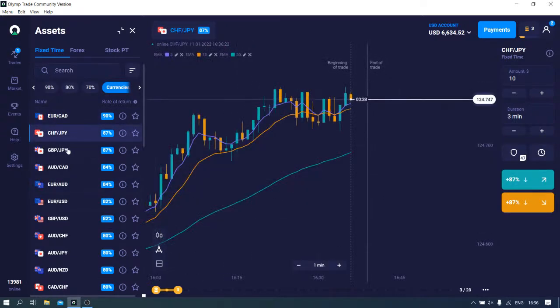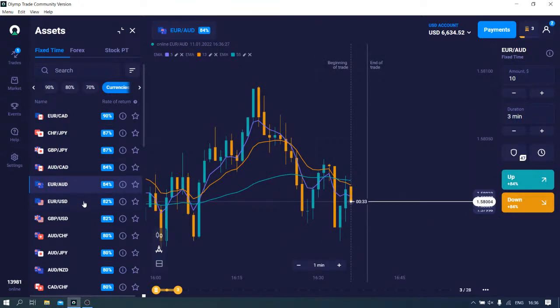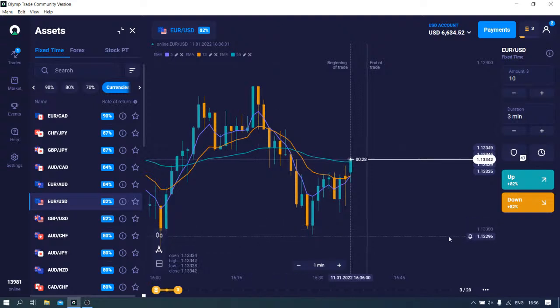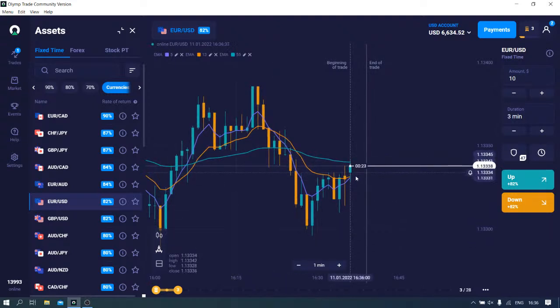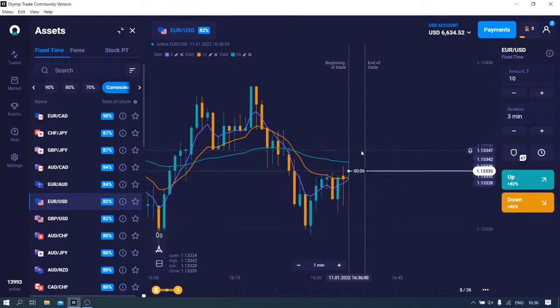Okay, so let's go back to assets that we already checked. Maybe there might be some other signals. Okay, this might be a really good one. The most popular currency pair, euro against the United States dollar. So there is no quicker strategy.